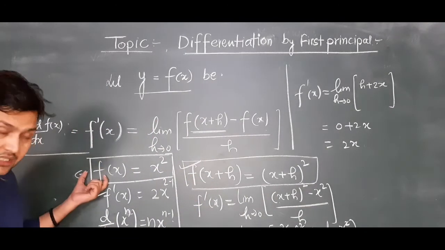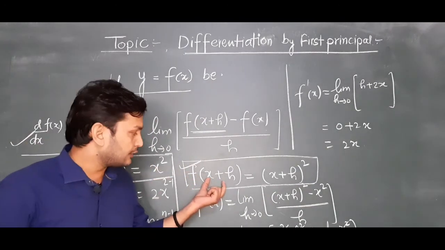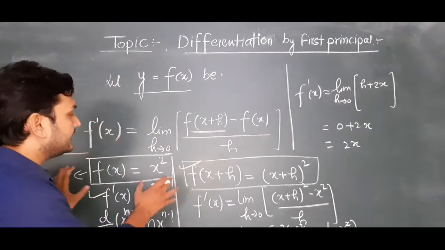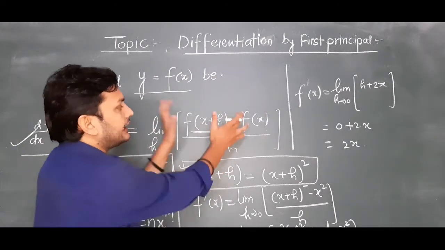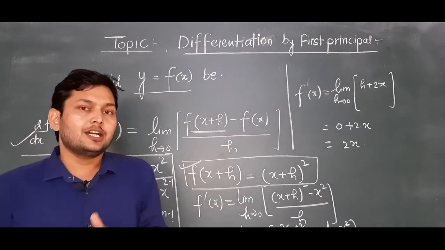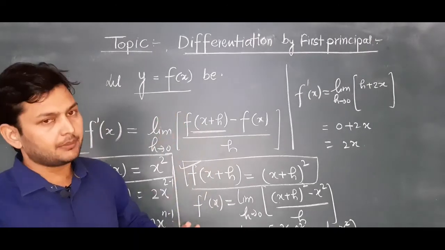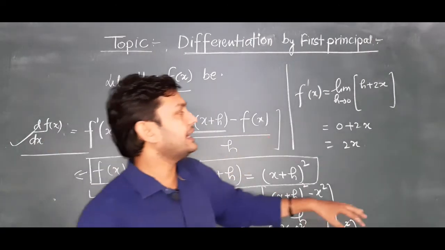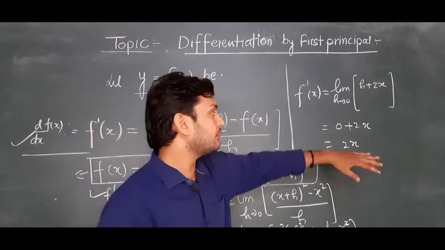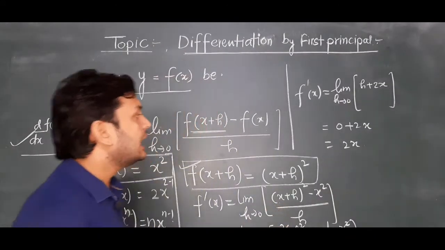And then you have f(x) already. By calculation you find f(x + h), and then use these two pieces of information in this formula and calculate according to the laws, rules and methods of the limit, and then you will find the derivative of the given function. It's very easy.